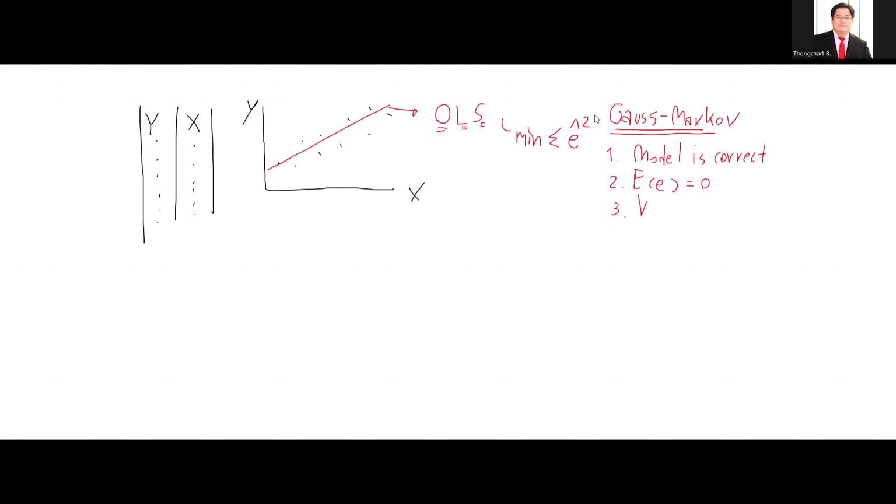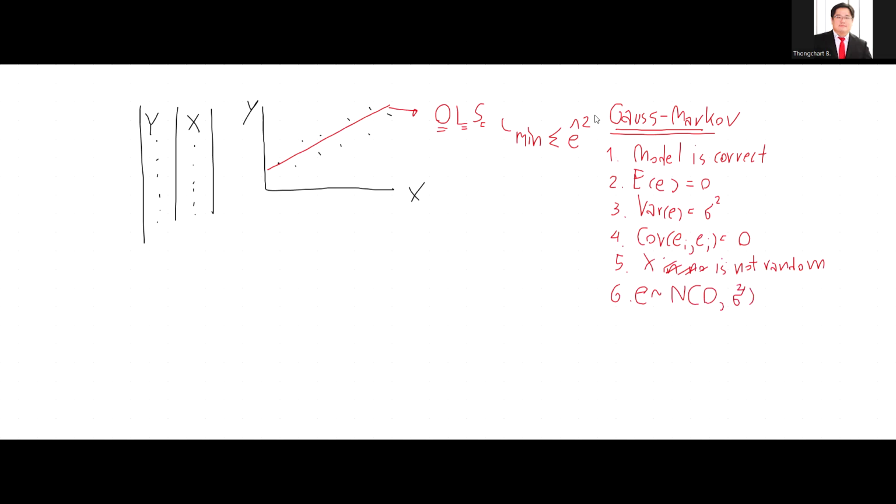Then the variance of error is constant. Then the covariance of error is 0. And then X is not random. And lastly, error is normal distribution with average 0 and constant variance.